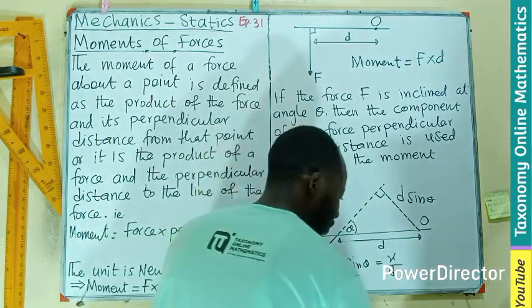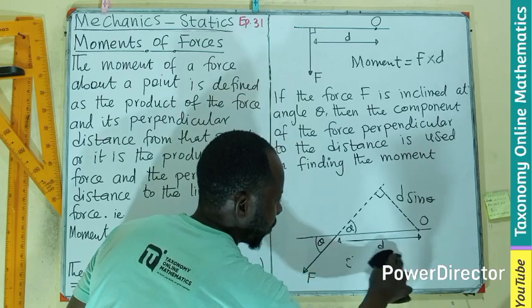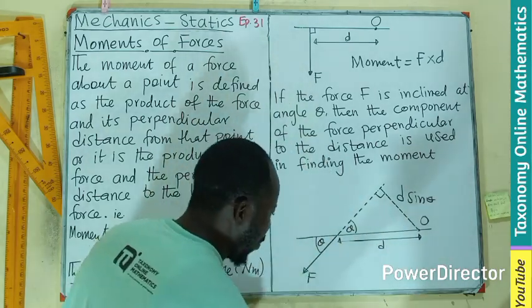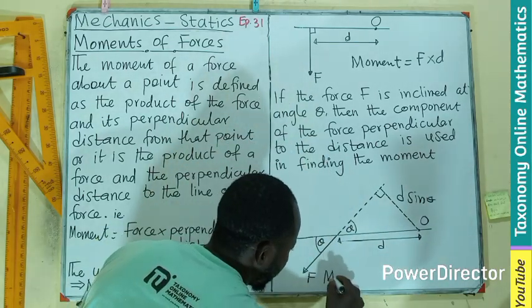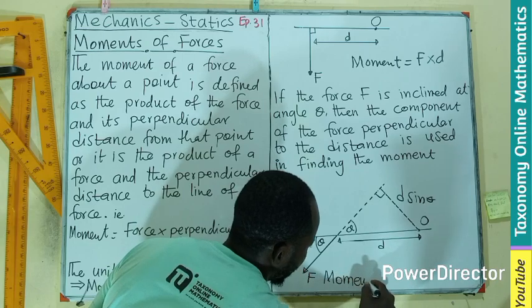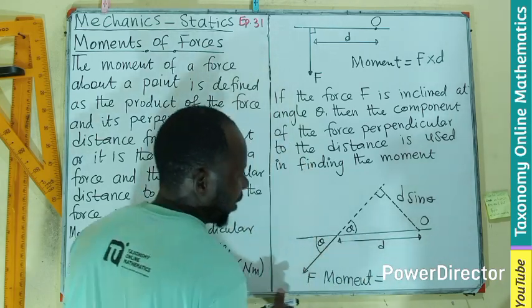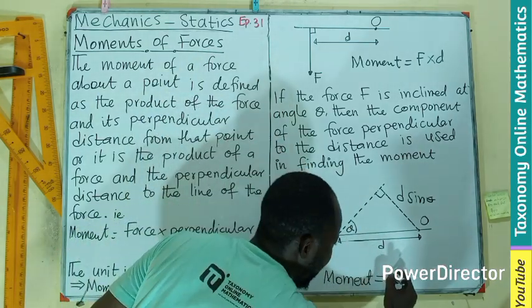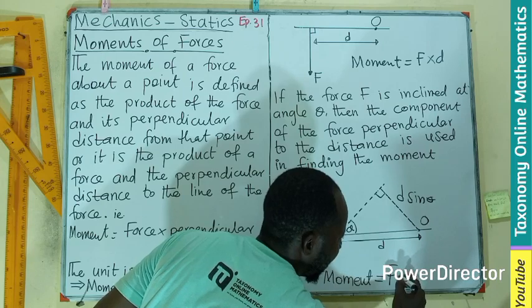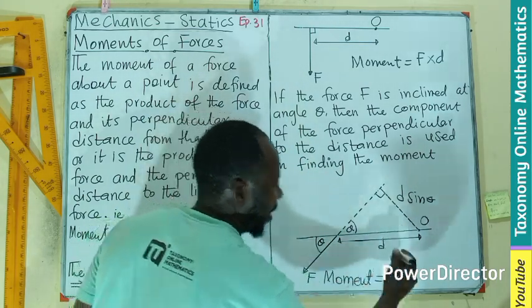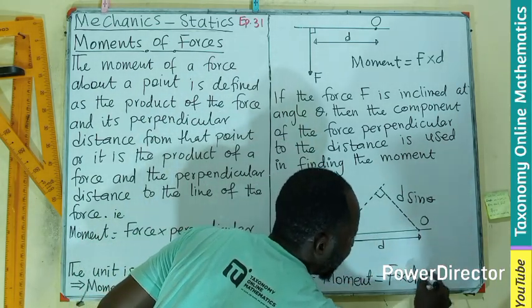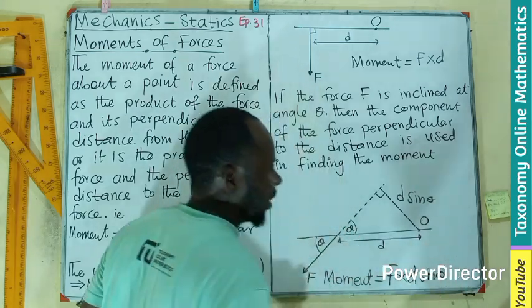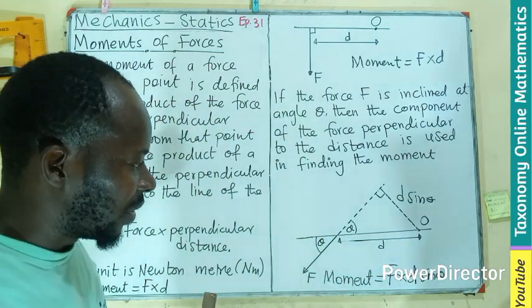So our moment here is going to be the force, F, multiplying the perpendicular distance, which will be d sine theta. I guess you can check that.